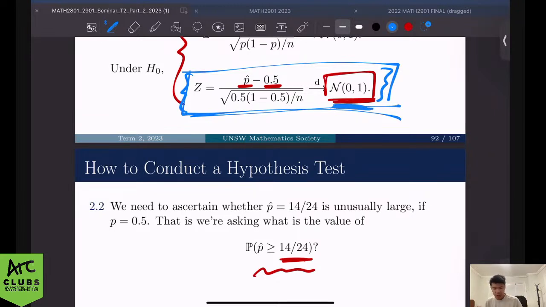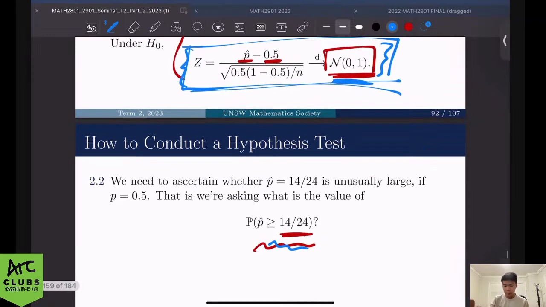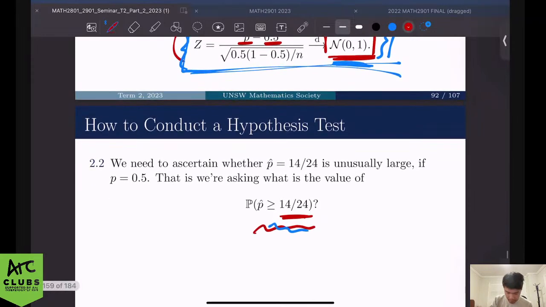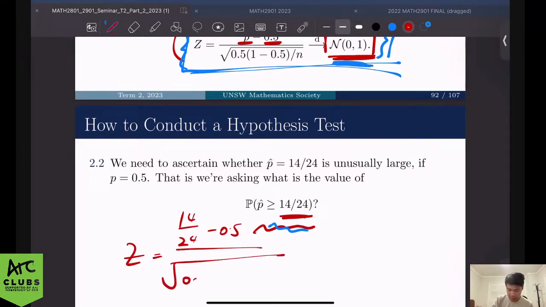But in this case, we have to see whether this value is very large. So we say, okay, we got 14 out of 24, which means we compute 14/24 minus 0.5, divided by the square root of 0.5 times (1 minus 0.5) divided by n.